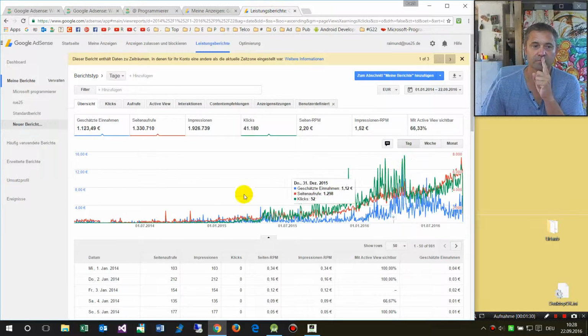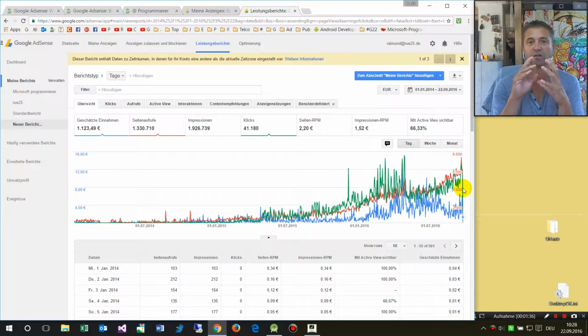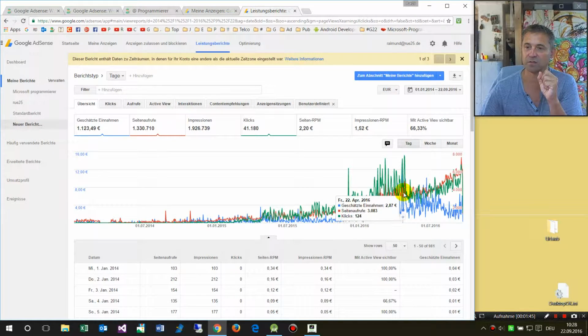Now, when I had a look at how my earnings were developing, at the beginning of this year I had a lot of page views. This is the red line, page views, and this is the earnings.